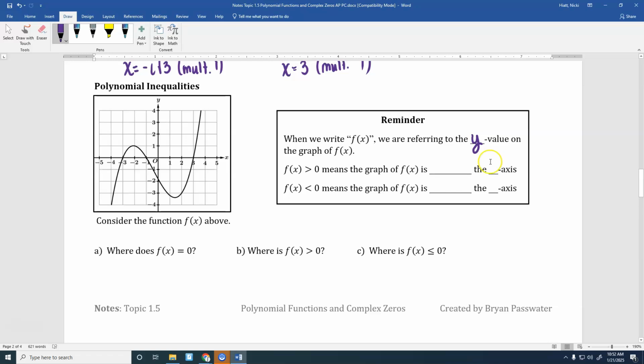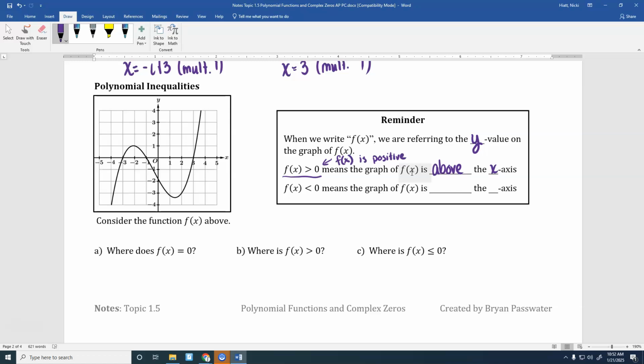So if I see the phrase f of x is greater than 0, that means the graph of f of x is above the x-axis. Another phrase they may use instead of f of x is greater than 0 is f of x is positive, because being positive would mean that you are greater than 0.